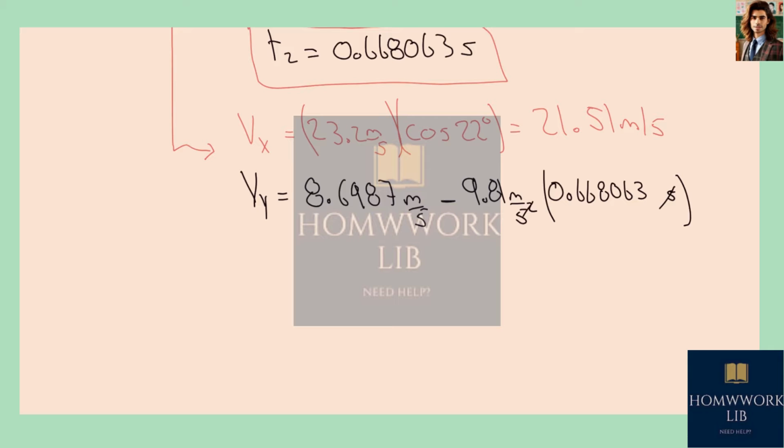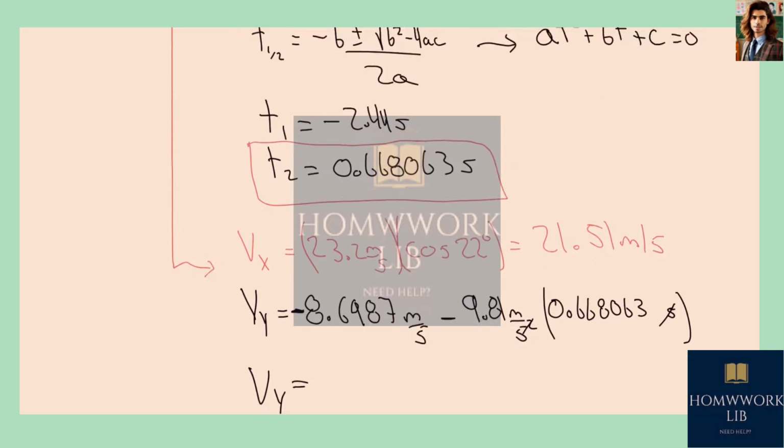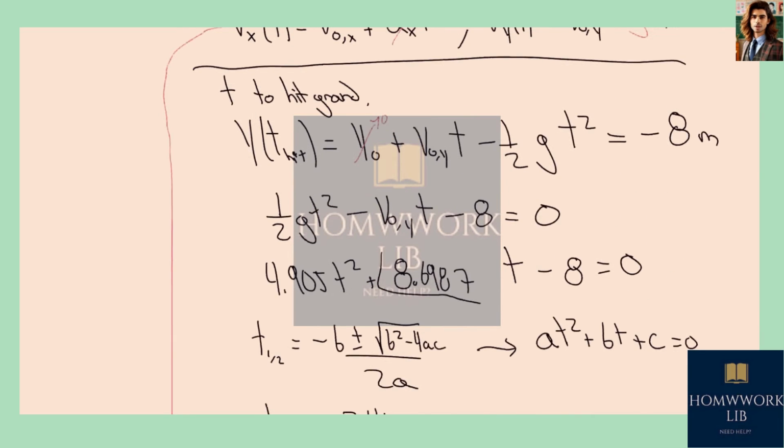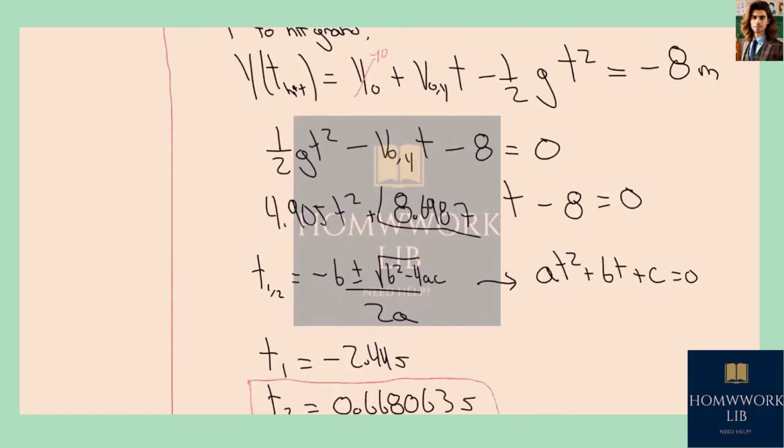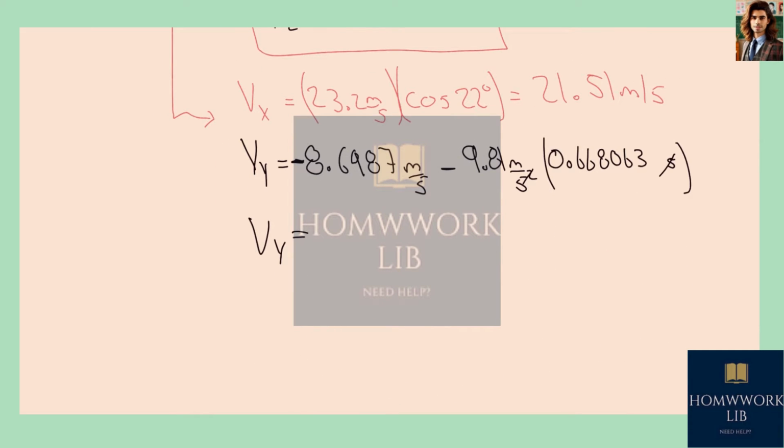Seconds cancel out with seconds squared, and the velocity on y, oh, of course, this was a negative value. Let's not make that small but important mistake. That was negative, as we saw from here. So the velocity on y will be negative 15.2524 meters per second.